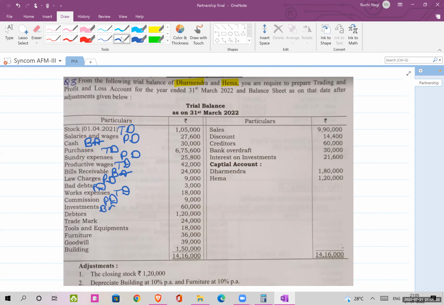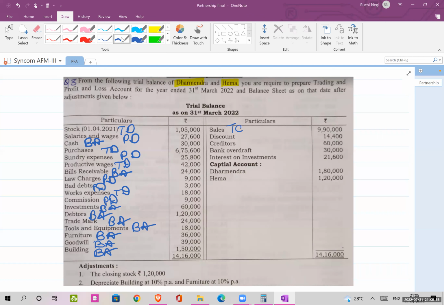Investments, balance sheet asset. Debtors, balance sheet asset. Trademark, balance sheet asset. Tools and equipments, balance sheet asset. Furniture, balance sheet asset. Goodwill, balance sheet asset. Building, balance sheet asset.